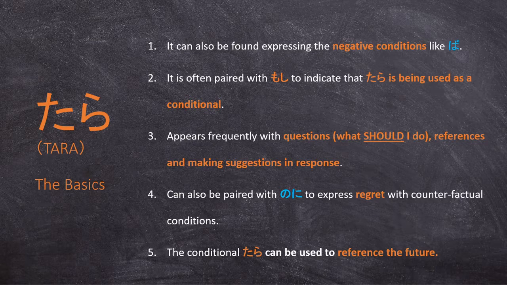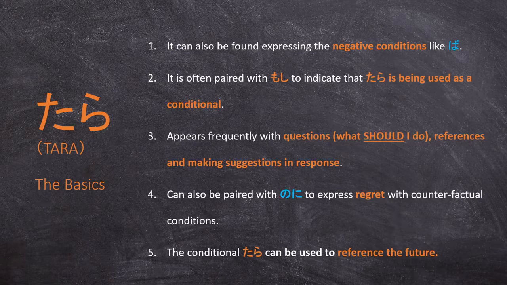So this list here finishes the basics of the tara conditional, and once again the most important things are, first, that tara can also reference the future, that it can express negative conditions, that it is often paired with moshi to indicate that it is being used as a conditional, and also it appears frequently with questions of the "what should I do" type, with references and making suggestions in response.